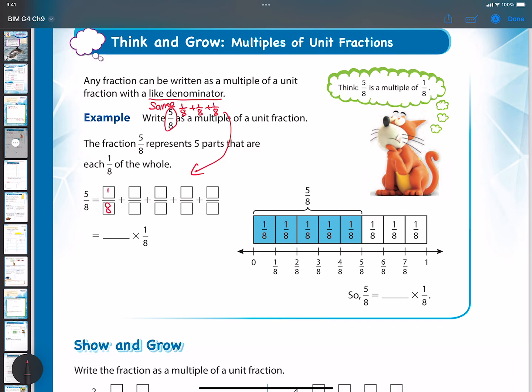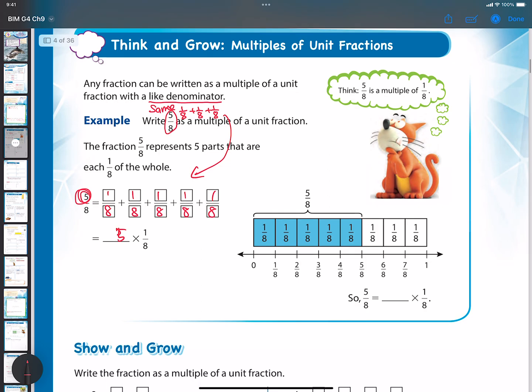So here, 1, 2, 3, 4, 5 times the unit fraction. So 5/8 is equal to 5 times 1/8. So 5/8 is a multiple of 1/8.